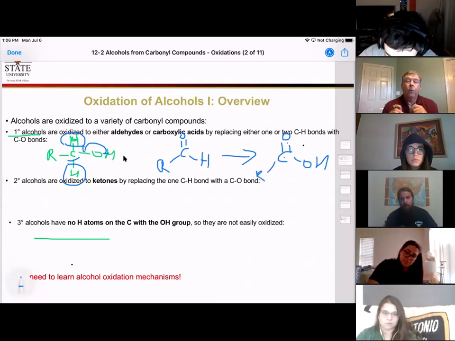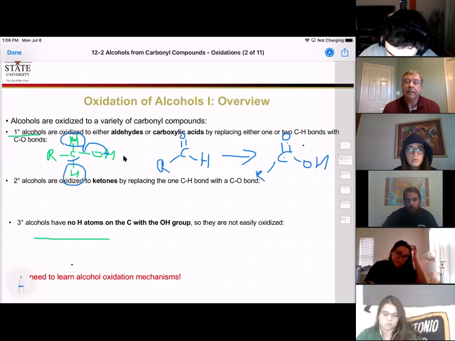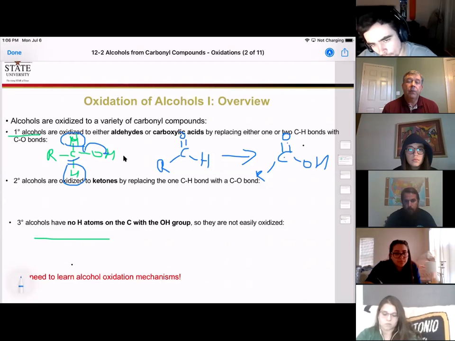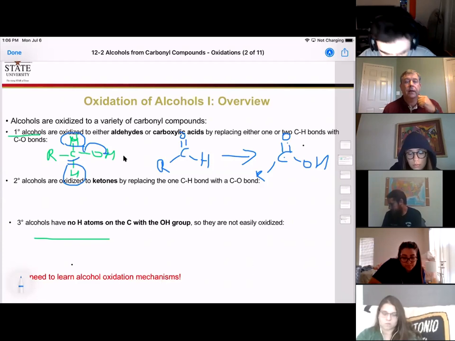So when we think about doing this on whether we stop at the aldehyde or get the carboxylic acid, we have to think about selectivity. So we are going to come up with a special reagent that'll stop at the aldehyde, and the other oxidizers will take it all the way down to the carboxylic acid. So we need to pay attention to that, okay?